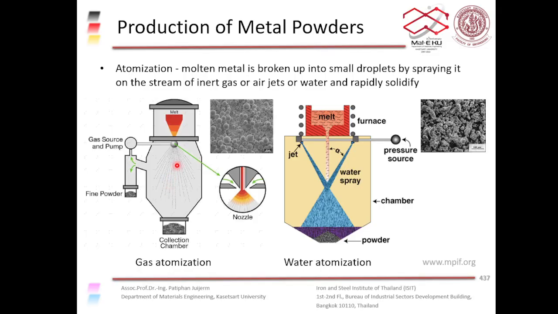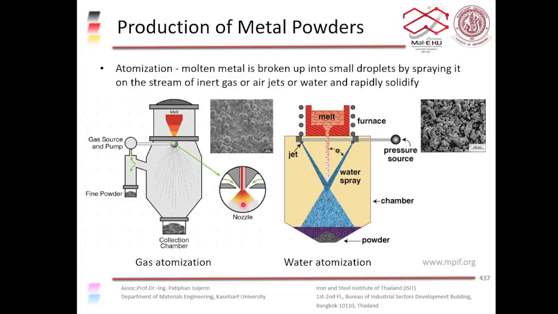At the nozzle here you have either a gas pump or water pump. You pump in high pressure gas or high pressure water, and you open a gate for the molten metal to drop down here, and it will atomize.